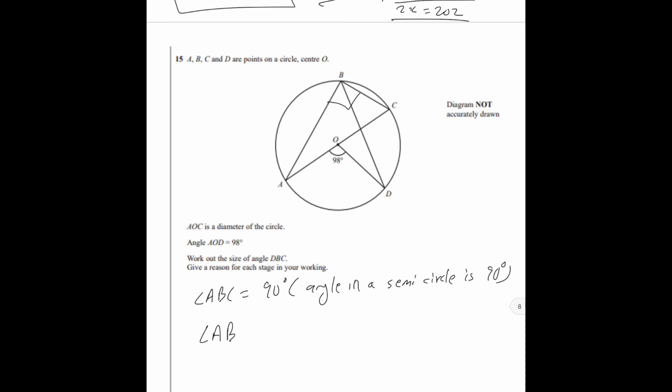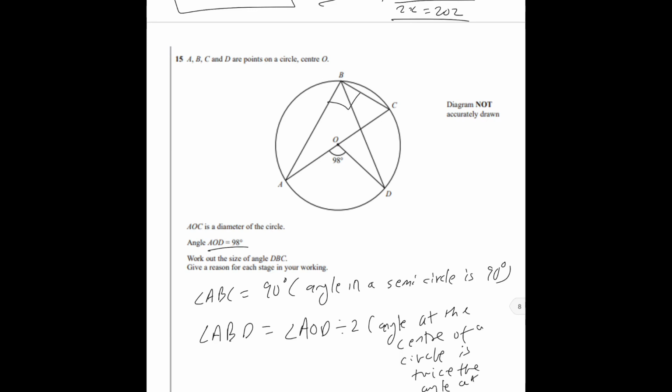So we know that angle ABD, not ABC, ABD is equal to angle AOD, that is given to us as 98, divided by 2. The reason, I'm going to state it now, is because the angle at the center of a circle is twice the angle at the circumference.